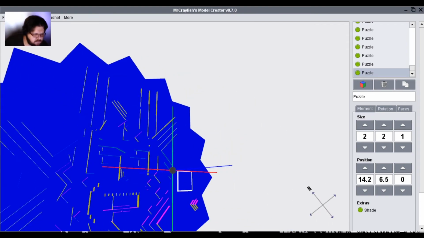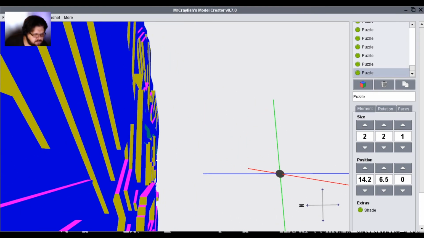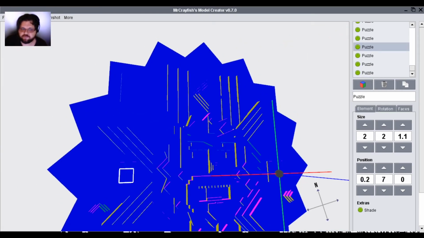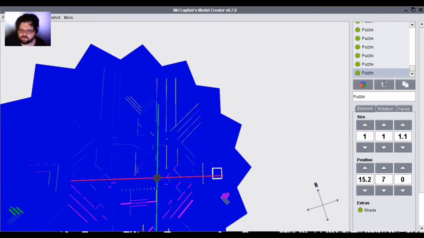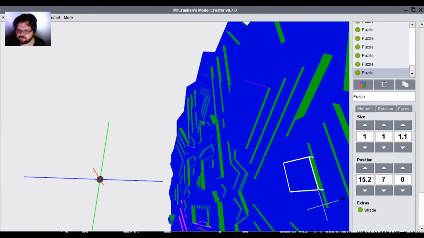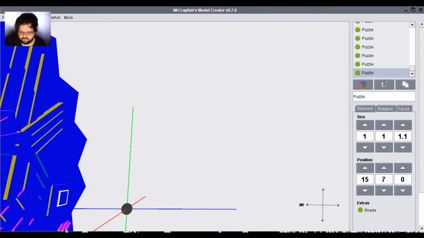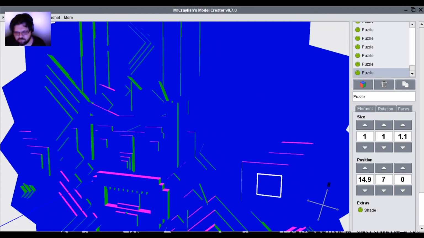No, no, that's how it looks over there. Okay. Oh, that is a lot. 0.7.